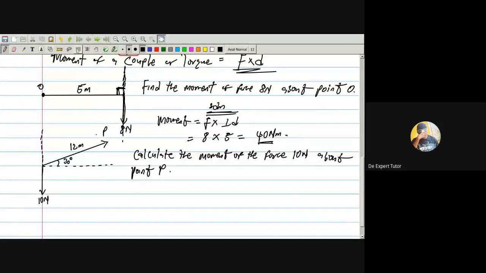Now, this is what you are going to do. See, I cannot say, let me draw a line from here to P. No, you can't do that. It will not make sense. So this is what you are going to do. See, remember that this broken line you see here is perpendicular to this 10 Newton. So you are going to find what this broken line is, this horizontal line. How will you find it? Pay attention.